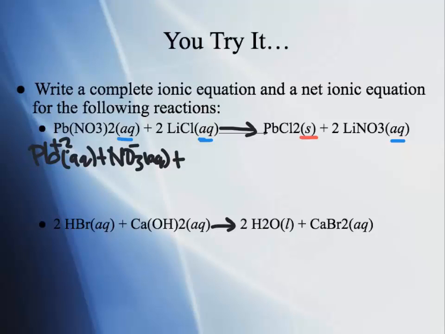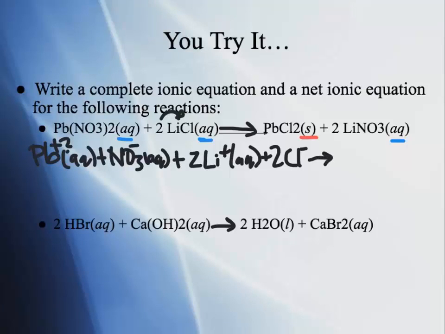All right, and lithium chloride is also aqueous, so this 2 is going to distribute to both of them. So we're going to write 2 Li plus and 2 Cl minus, and I'm going to run out of room, so I'm not going to write the aqueous little symbols anymore, but you get the idea.